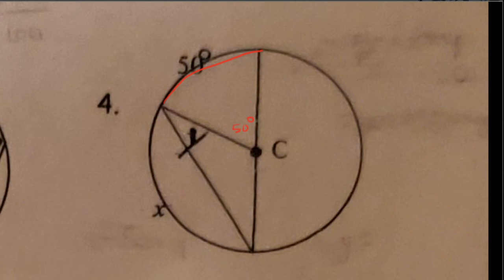And this angle is supplementary to the 50 degrees. So those have to add up to 180, which makes this angle 130. So if I look at the arc that's formed by this here, that's going to deal with x. X here also has to be 130 degrees.